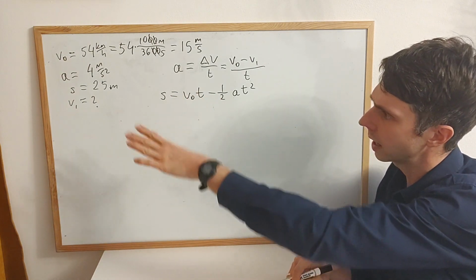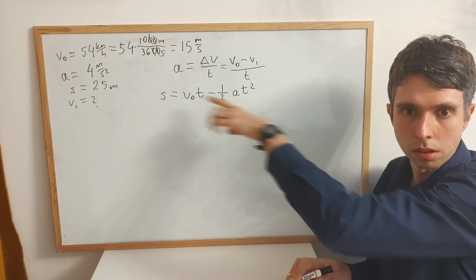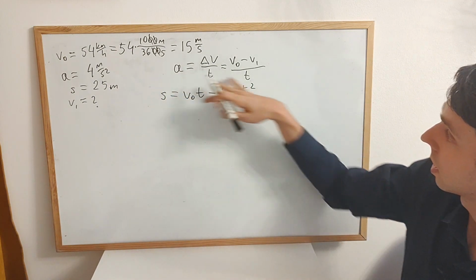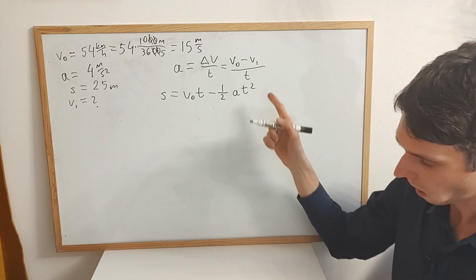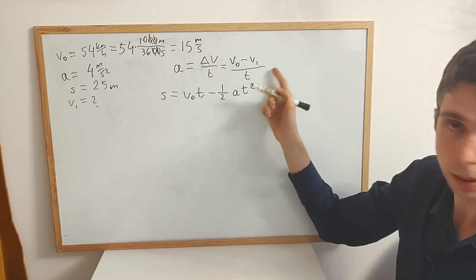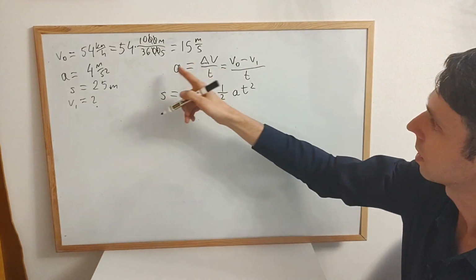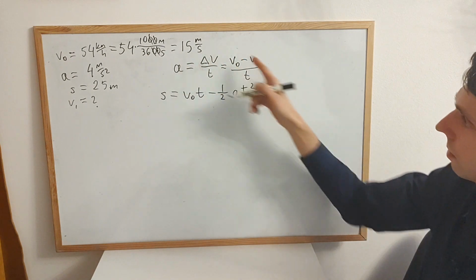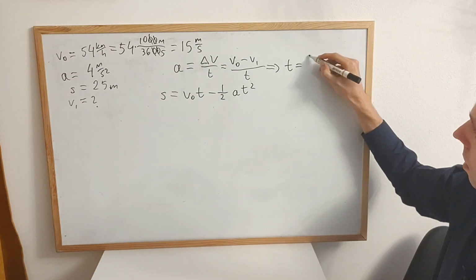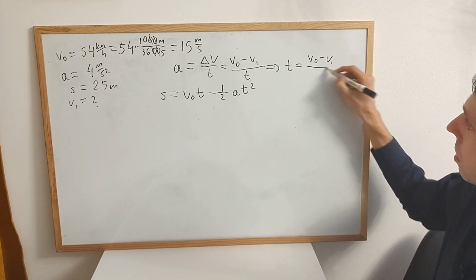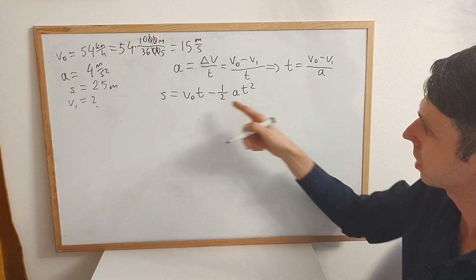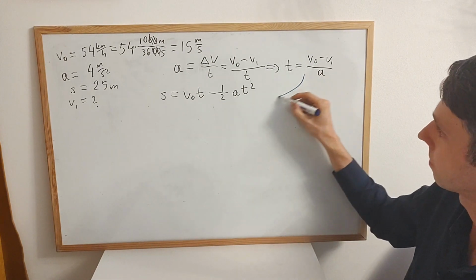We are not asked what the time of this motion is, so we can get rid of it. Let's calculate time from this equation. If you multiply by time and divide by a, you get that t is v0 minus v1 divided by a. And this you can plug into this equation.